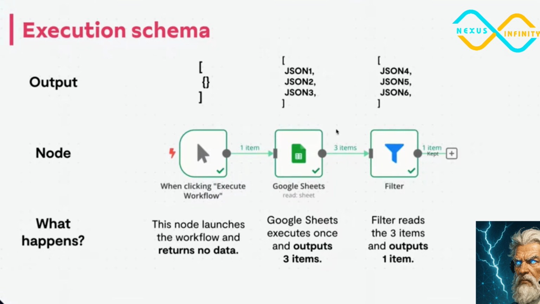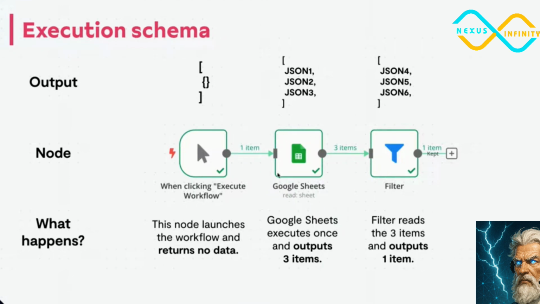The Execute Workflow node launches and returns an empty JSON, so no data at all. And here we can see we have our empty JSON in a list.